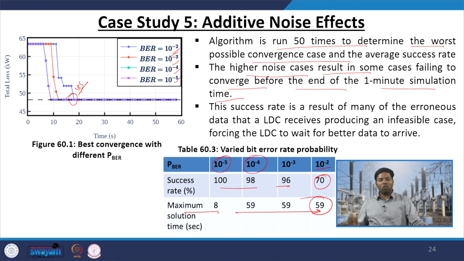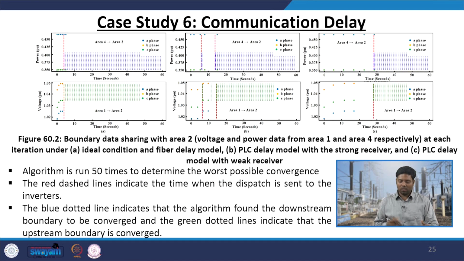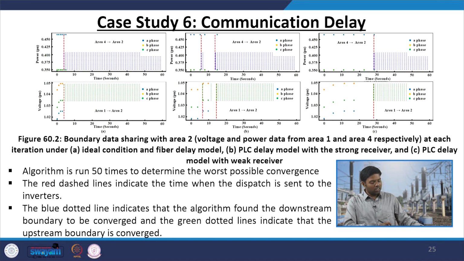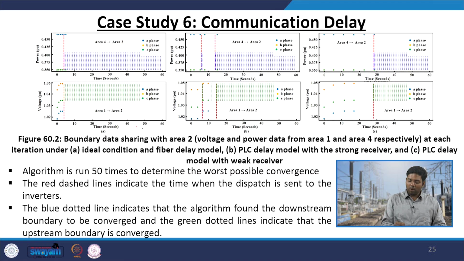That means noise can also delay your convergence time, because it keeps adding bad data. Every time you get newly updated data, that forces the algorithm to take more iterations, and more iterations means the solution time will obviously increase.